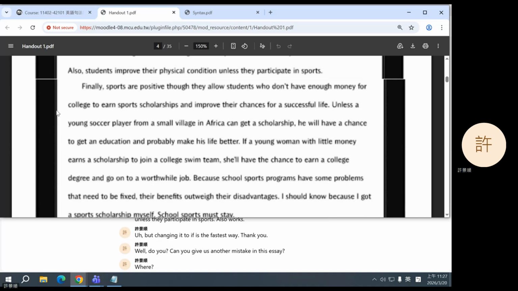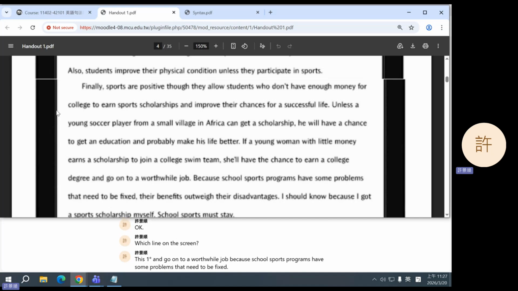Which line on the screen? This one? Degree and go on to a worthwhile job because school sports programs have some problems that need to be fixed. Okay, so where's the problem?